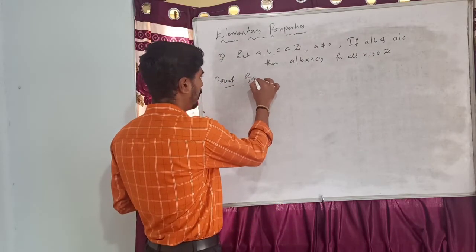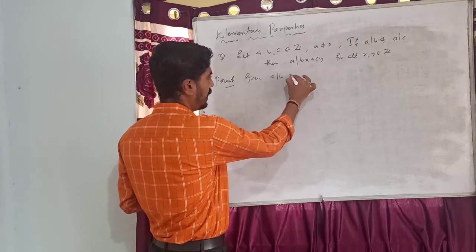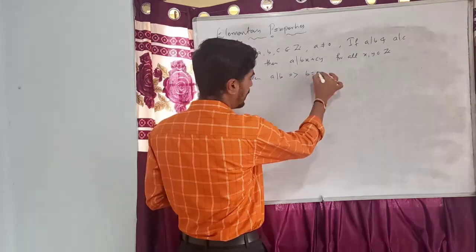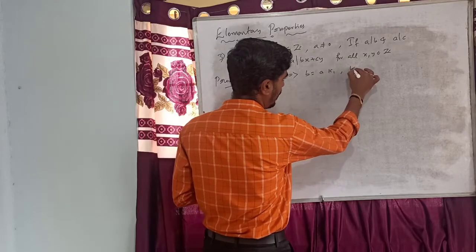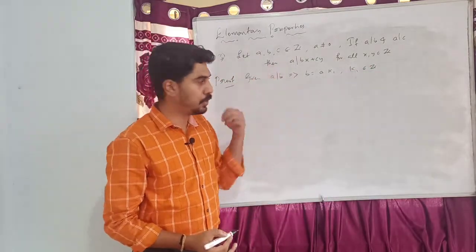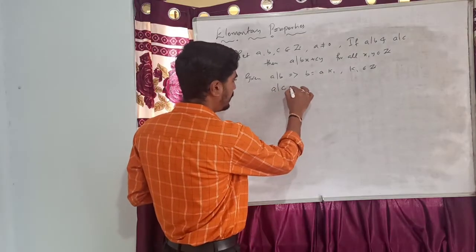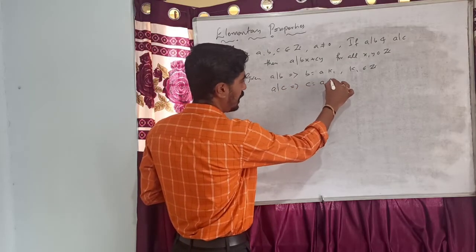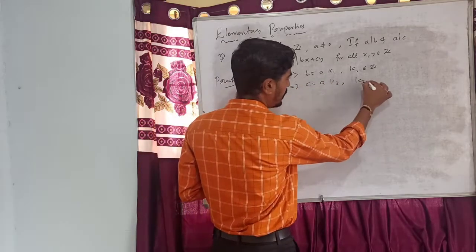Proof: given that A divides B, this implies B can be written as A into some integer k1. Similarly, given that A divides C, C can be written as A into k2, where k2 is some integer.